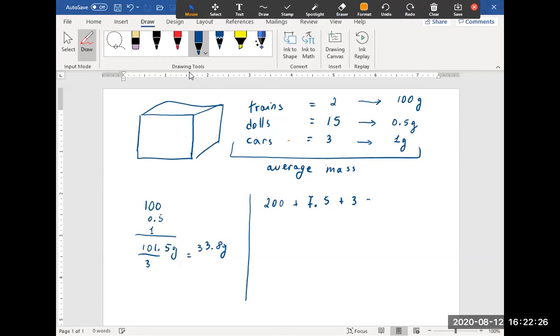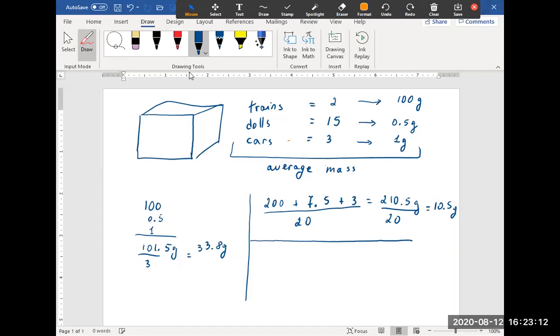Okay, so this gives me 200 plus 10.5, so 210.5 grams. This is if I add everything. Then, if I divide everything by the total number of stuff, this is divided by 20. So if I divide this one by 20, I have 10.5, okay, grams, which is different from this number.